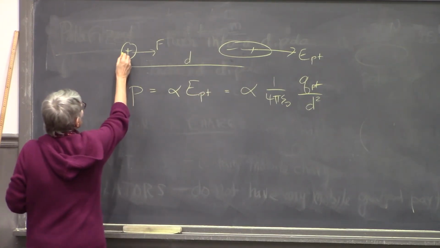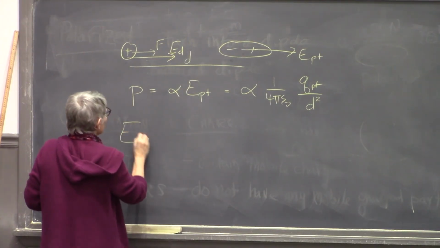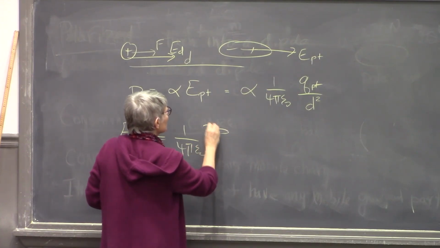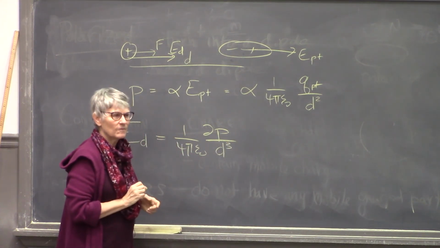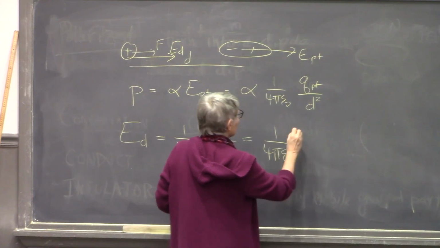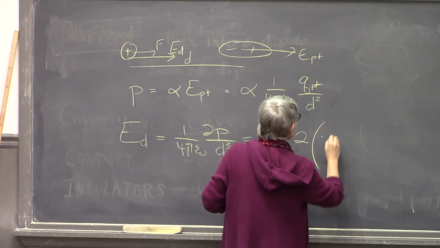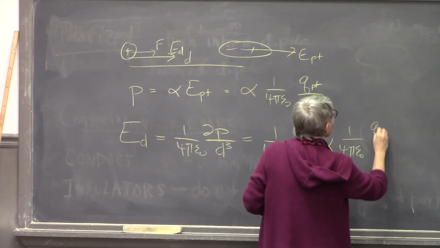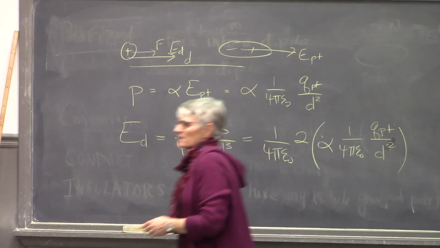The dipole makes a field in this direction. So the dipole field is now 1 over 4 pi epsilon 0, 2 times the dipole moment given our orientation, over d cubed. But that's equal to 1 over 4 pi epsilon 0, 2 times this whole thing, alpha 1 over 4 pi epsilon 0, q of the point charge over d squared.